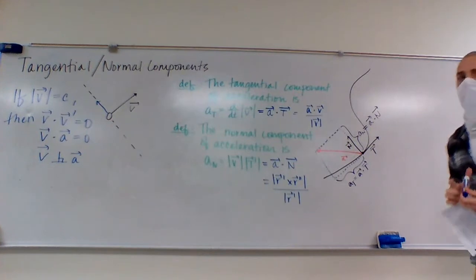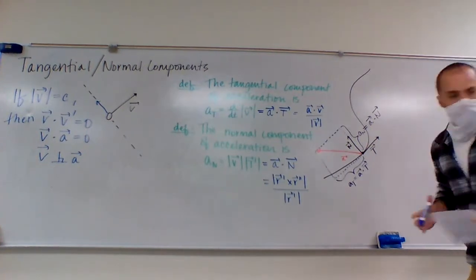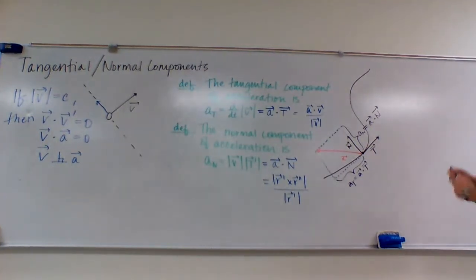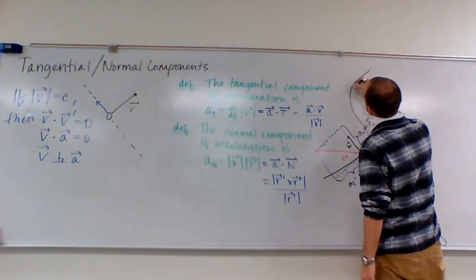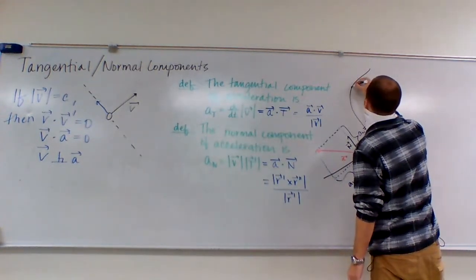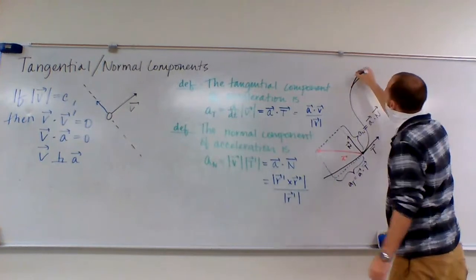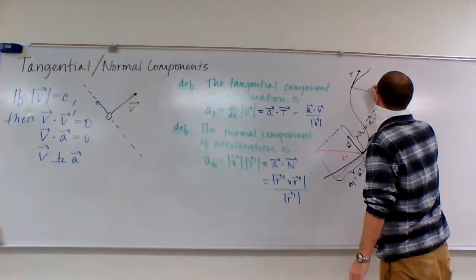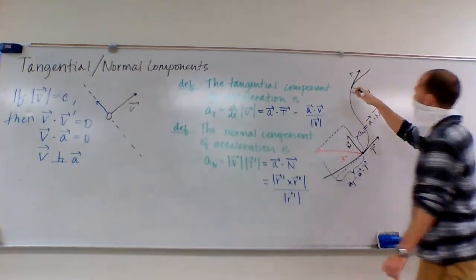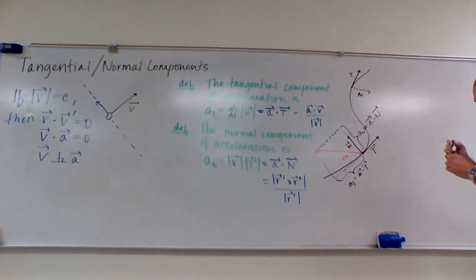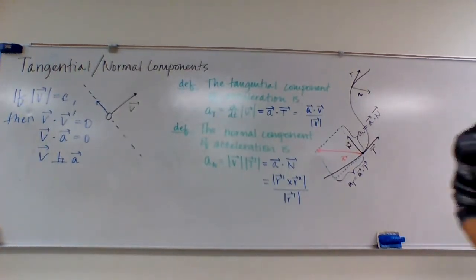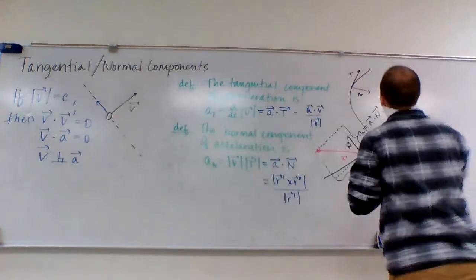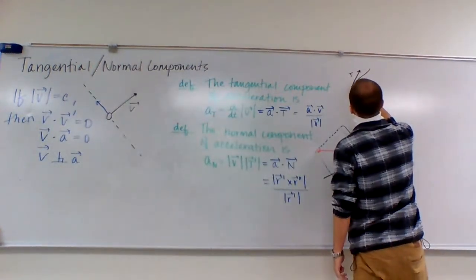I think that my drawing didn't go so well the first time, but you can envision, I'm just going to go for it. Suppose we had a situation where the acceleration was in the direction of motion. So we had T here, N over here, suppose they're at a right angle, and maybe the acceleration vector is really accelerating.